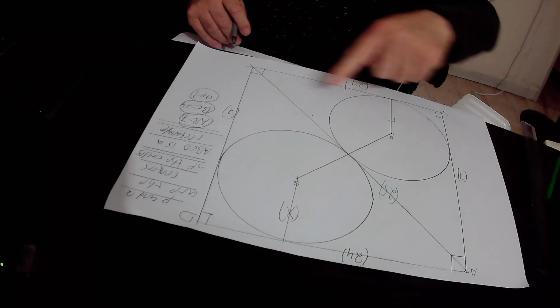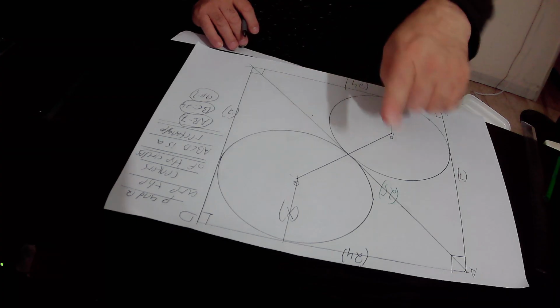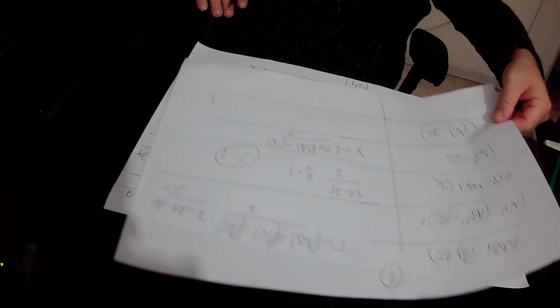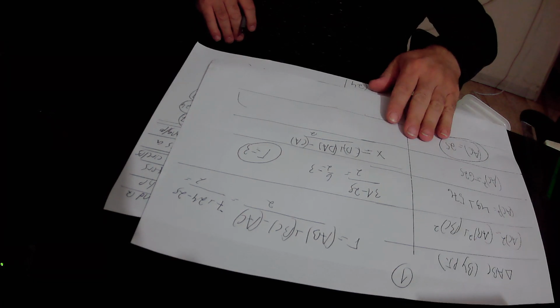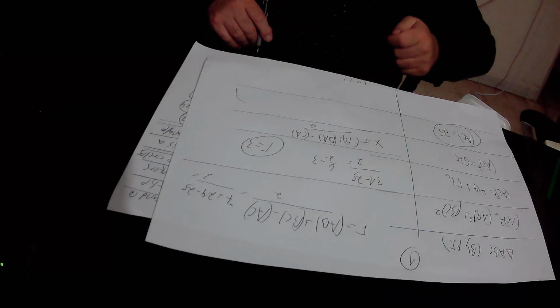Repeat again, the radius of this circle is X. This circle is blocked by the right triangle ADC, therefore the radius X must be equal to CD plus DA minus CA over 2.